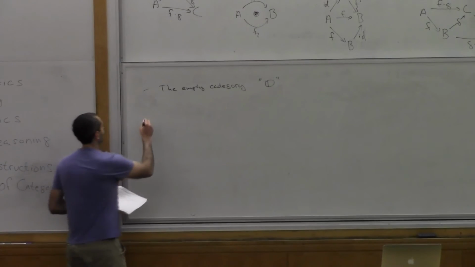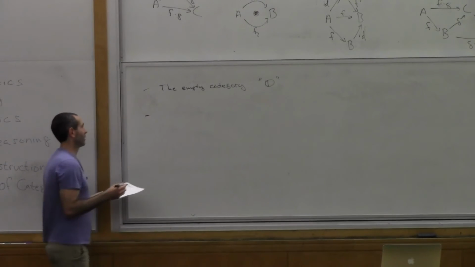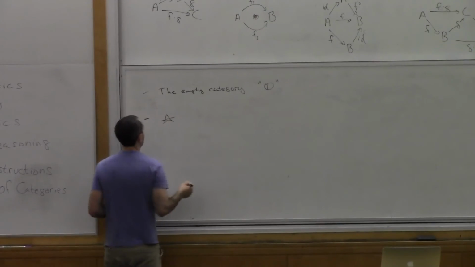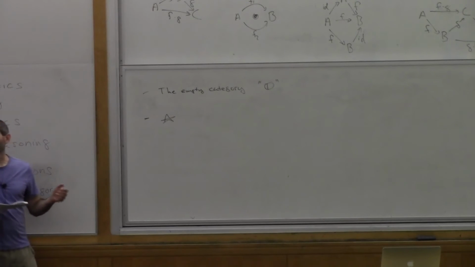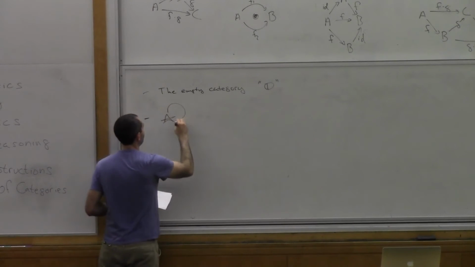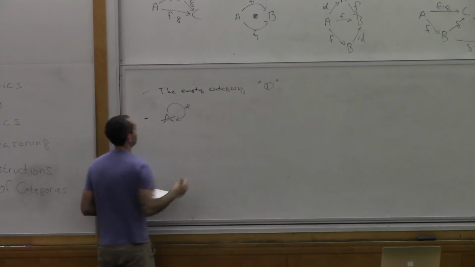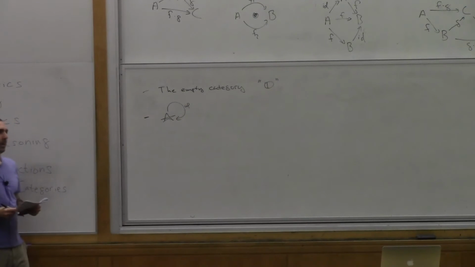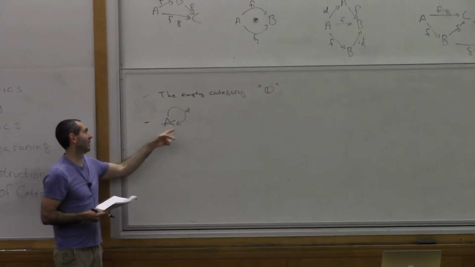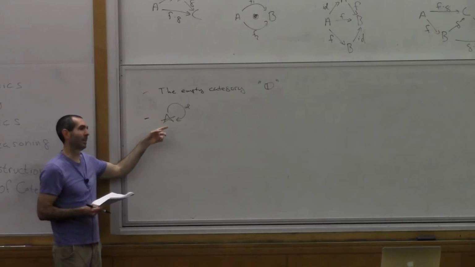Okay, so let's be slightly less trivial. Let's introduce an object. So we'll call this object star. Once we have an object, we know we're required to have the identity arrow on it. So we have here a star. But we're not required to have any more data, because it's required that the composition of id star with itself is itself, right?